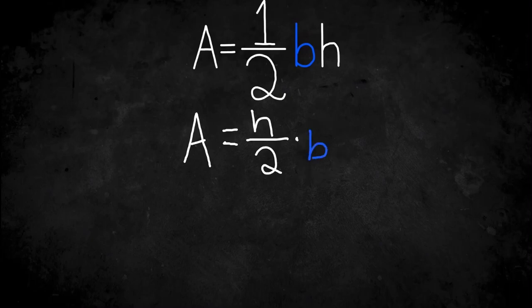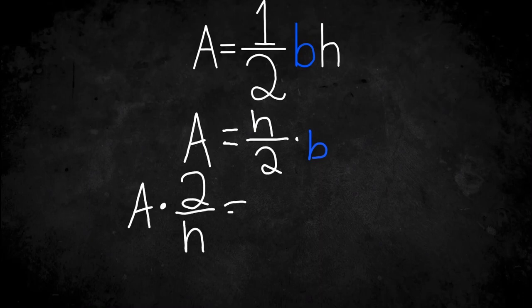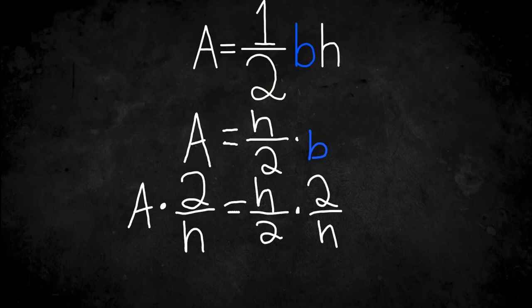we're going to divide by h over 2, and when we divide by that, we can always multiply by the reciprocal, so we multiply both sides by that. So that'd be A times the reciprocal of h over 2, which is 2 over h, equals h over 2 times 2 over h times b.